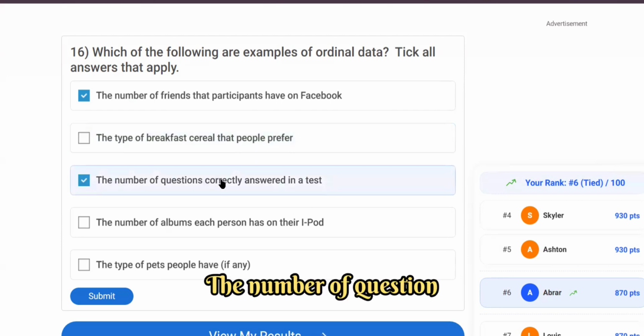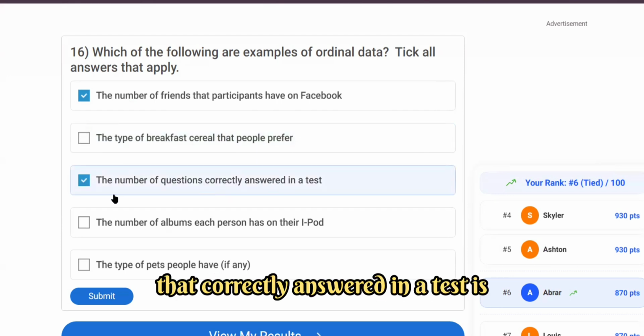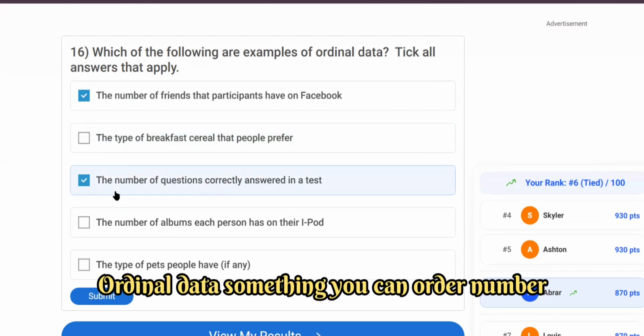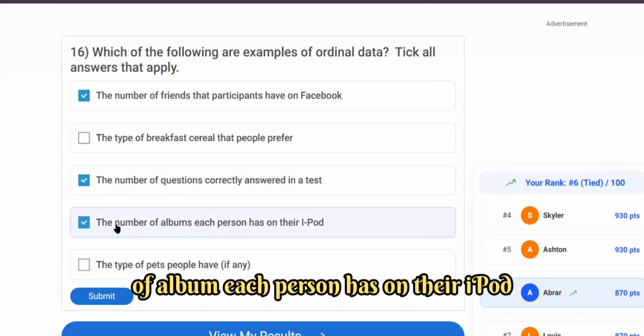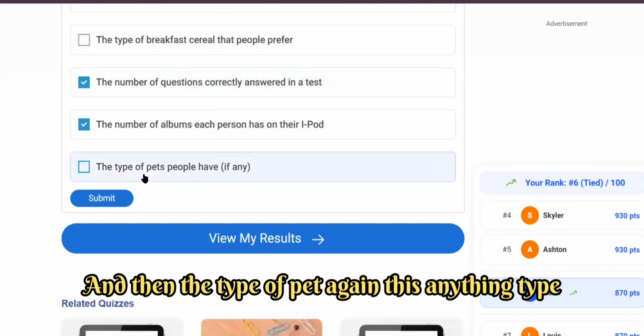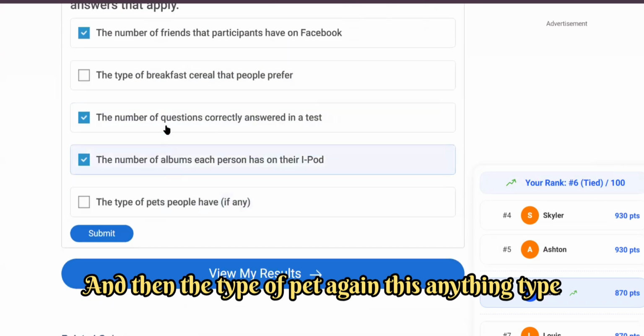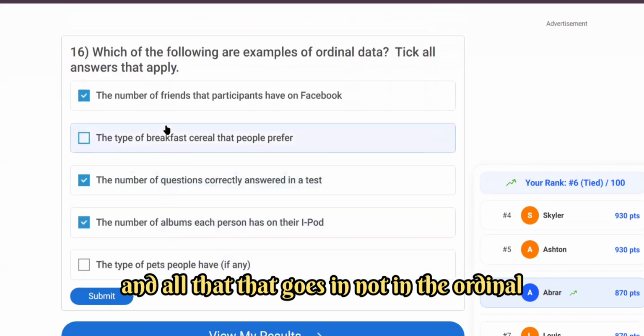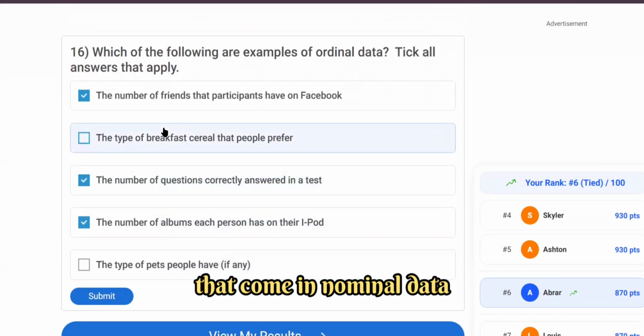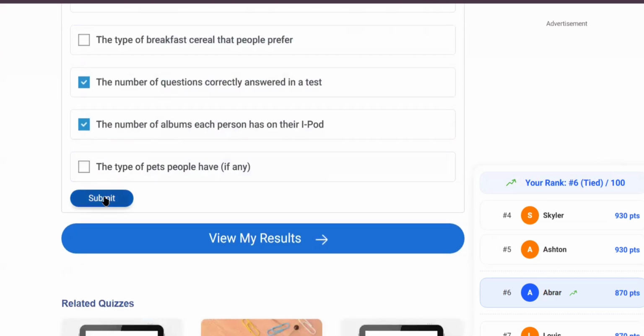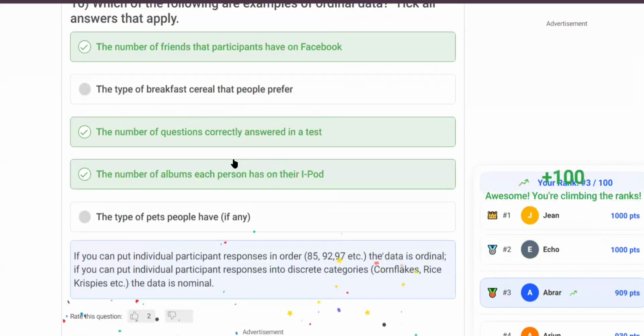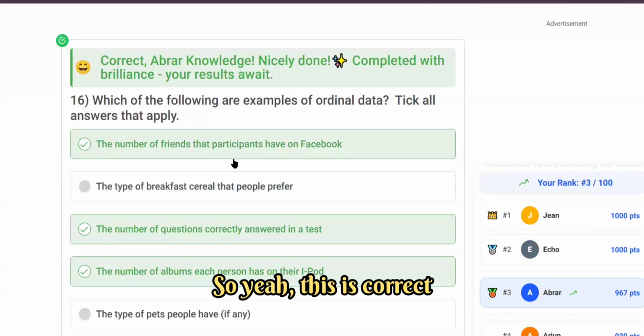The number of questions correctly answered in a test is ordinal data, something you can order. The number of albums each person has on their iPod. And then the type of pet, again anything type, that does not go in ordinal, that comes in nominal data. Submit. So yeah, this is correct.